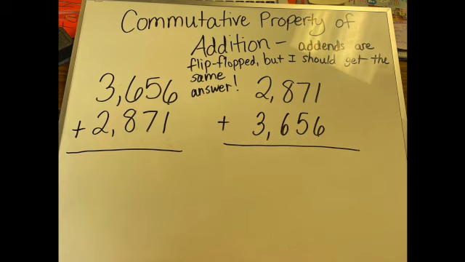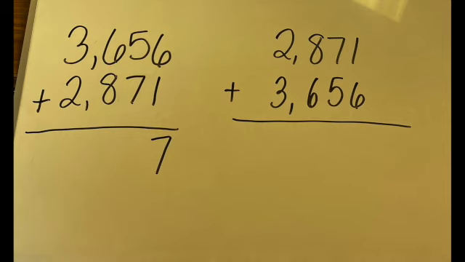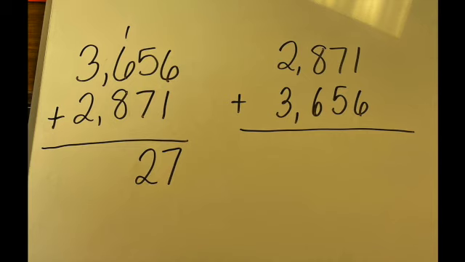I am going to do our problem on the left first. Okay, so with the 3,656 on top. Let's look at our ones place. We have 6 plus 1. That gives us 7. 5 plus 7, 12. So remember, since 12 is a two-digit number, we need to do our regrouping and have the 2 be on the bottom and then regroup our tens place over to the next place value.